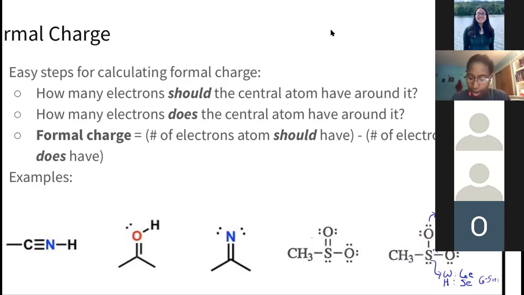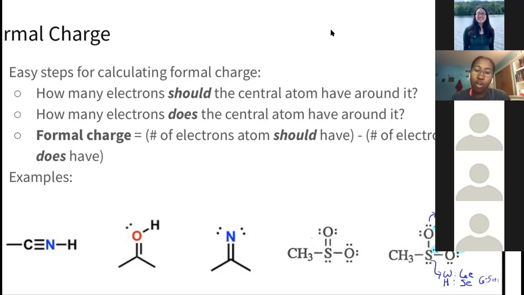And based on that, what's going to be the formal charge for our oxygens? -1. Thank you, Amy. Yes. So both of these oxygens are going to be negatively charged. -1, -1. So we have the formal charges for our oxygens and for our sulfur.